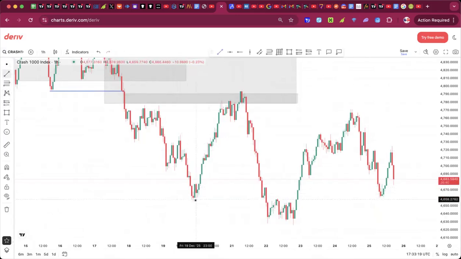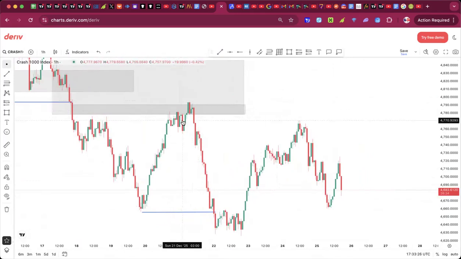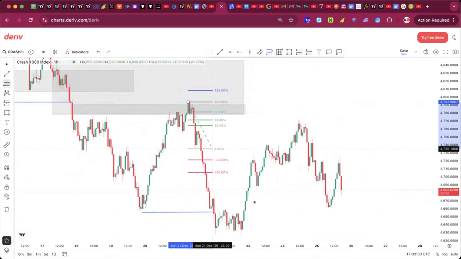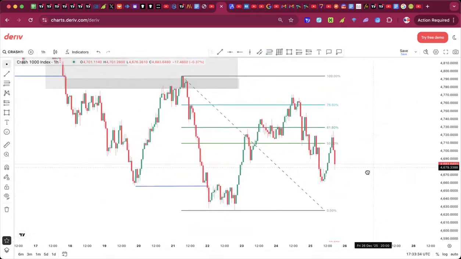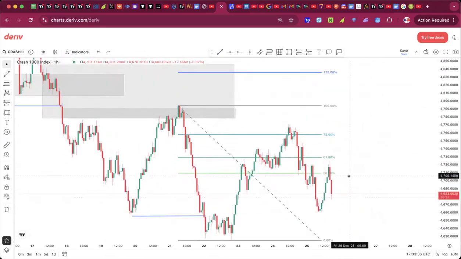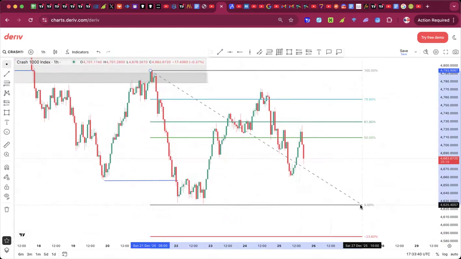I think I'm on 1 hour, yes. So this is a structural break. So let's take our fib retracement from here to the lowest. I think we're in order. I think the market won't even change direction.